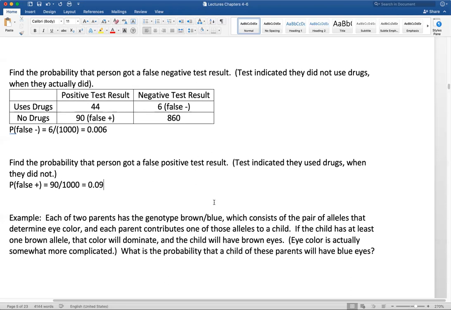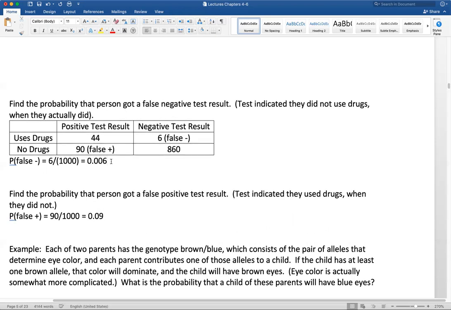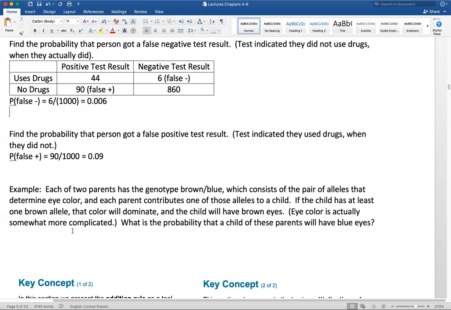By the way, in this case, 0.006 is less than or equal to 0.05, so this is significantly low, right? Okay, and then for example, each of the two parents has a genotype, brown or blue, which consists of a pair of alleles that determine eye color, and each parent contributes one of those alleles to a child.